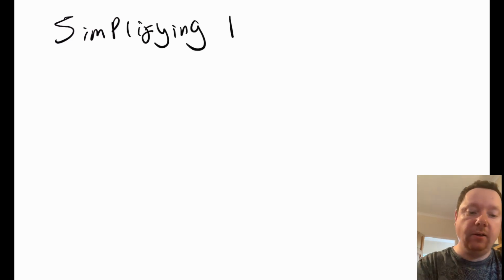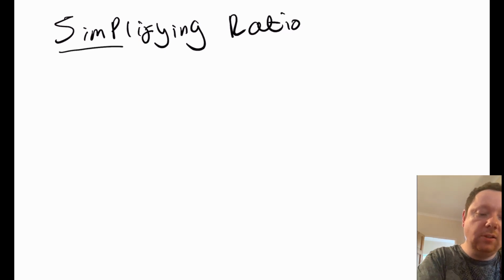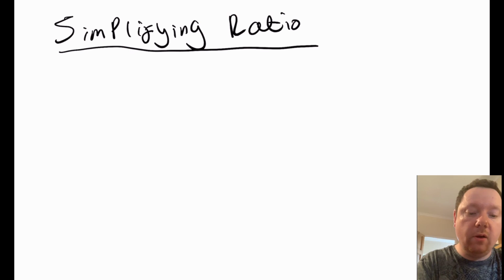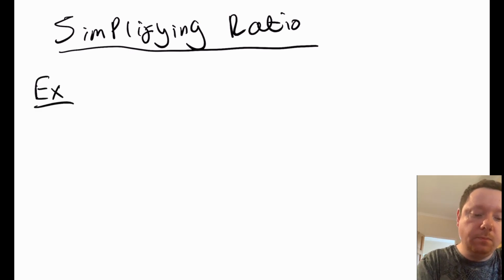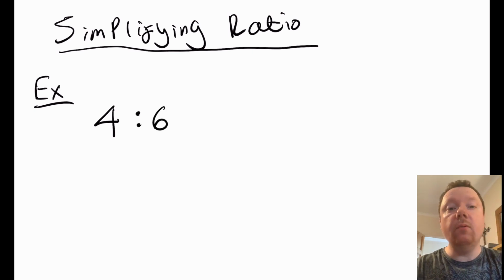The last thing we need to be able to do is something called simplifying ratio. So if I write down a simple example, if I had a ratio 4 to 6, we've already seen that we can scale that up by timesing, but we can also make it as simple as possible by dividing.